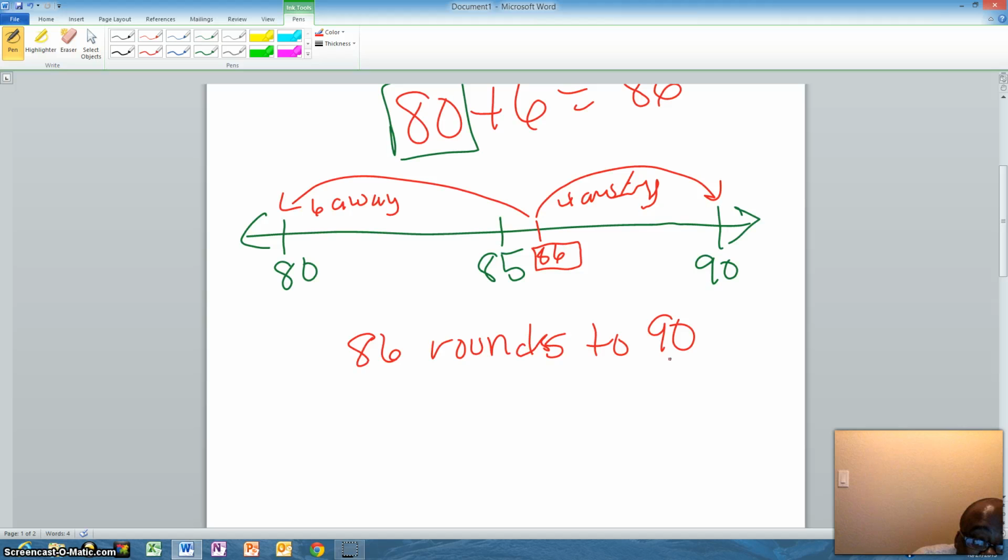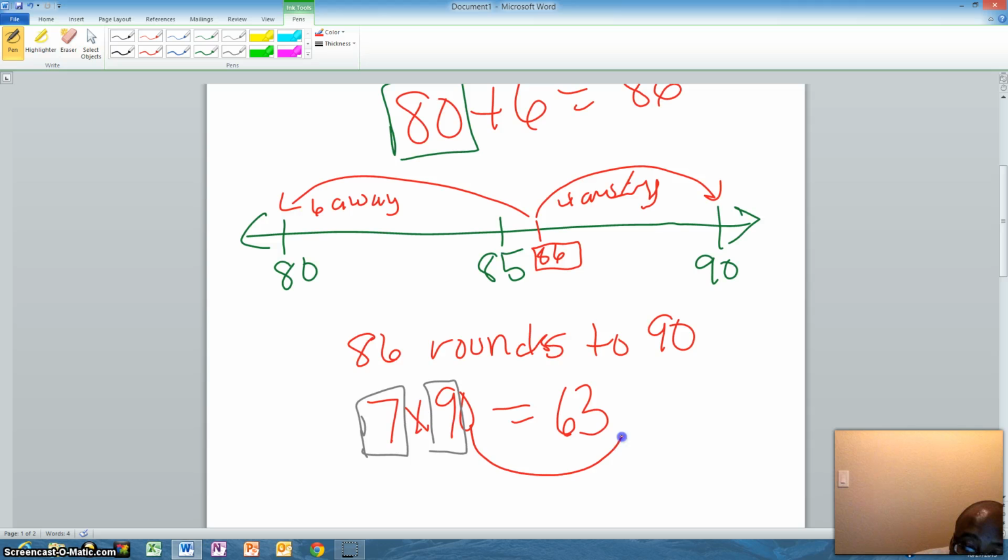So we go 7 times 90. From our lesson on multiplying with multiples of 10 and 100, we box the 7, we box the 9. We know that 7 times 9 is 63.